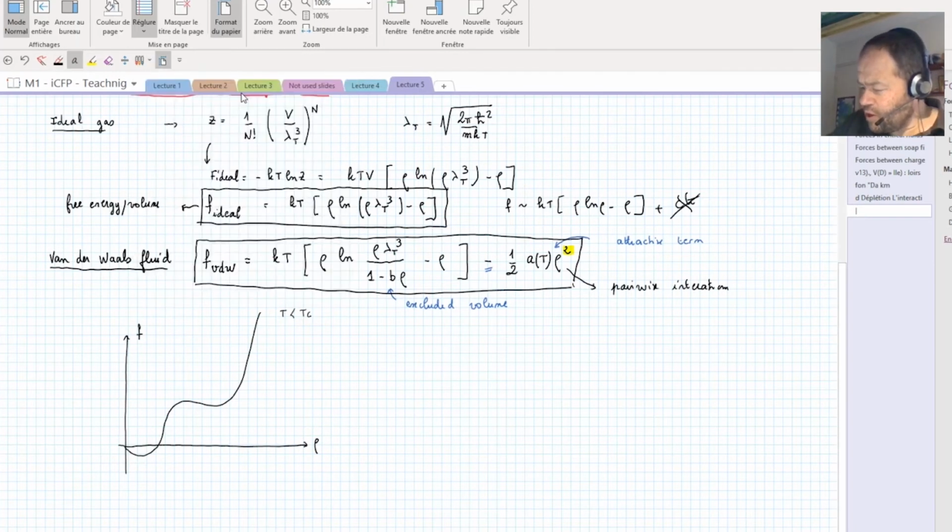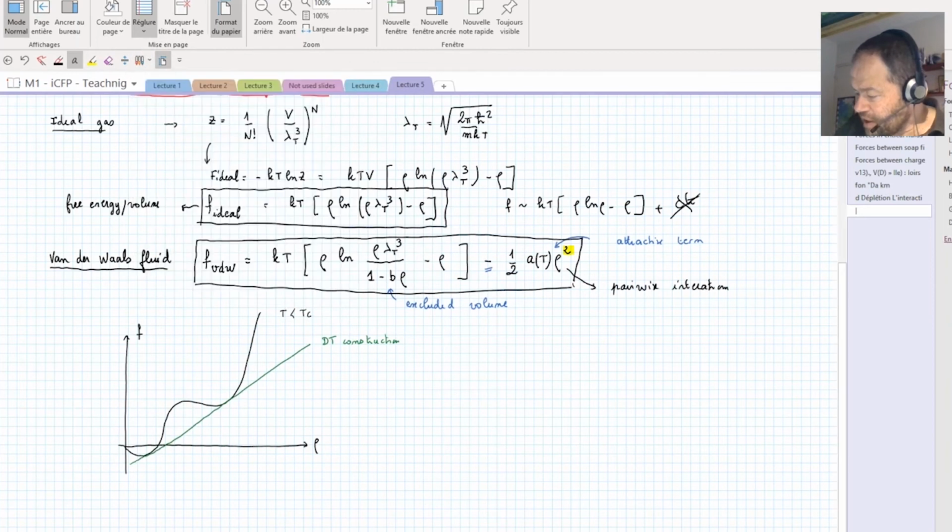And what you have done up to now is that, based on that, you can make a double tangent construction, which tells you that when you have this shape of free energy, which goes up, which has this kind of two local minima, you will be able, due to the double tangent construction, to define a phase transition.